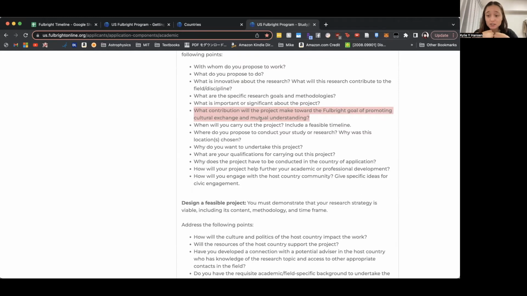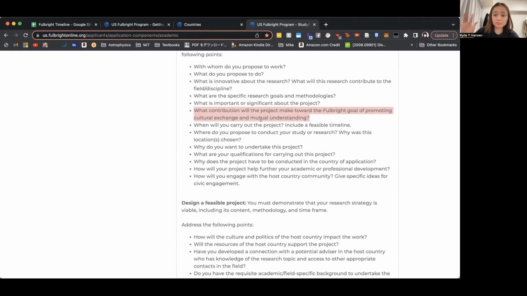And so for my project, since it's astrophysics, it's a little difficult to describe. What I talked about was that astrophysics in Japan is very much centered on Japanese people right now. There's not a lot of international people in Japan working in the astrophysics domain. And yet, scientific research, and astronomy research especially, because it uses telescopes that are in different countries, it's very important for there to be international collaborations.